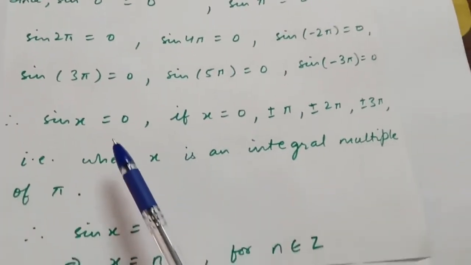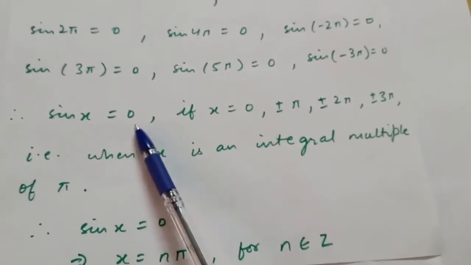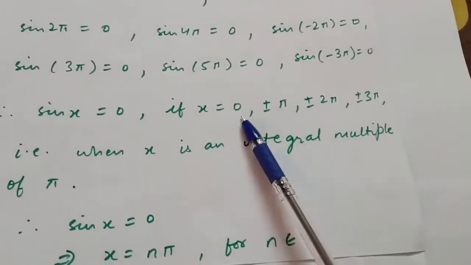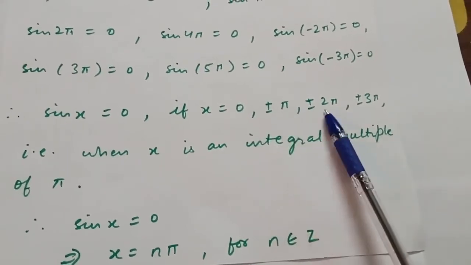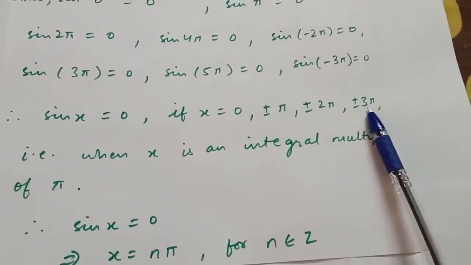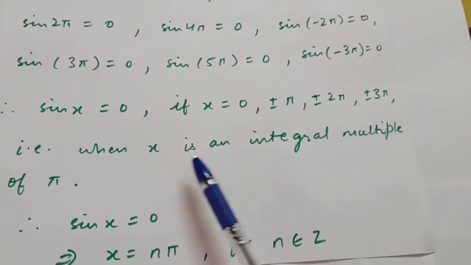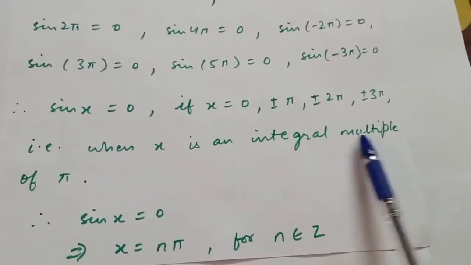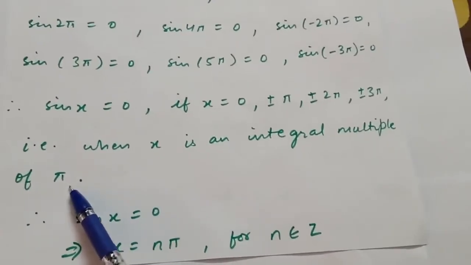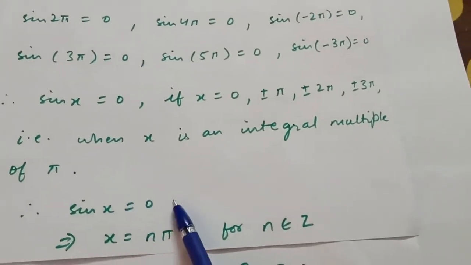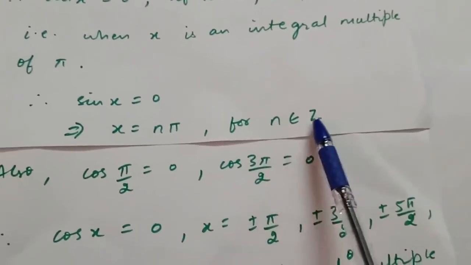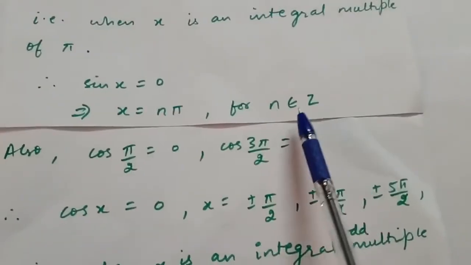So we can say that sine x is 0 if x is 0, plus minus pi, plus minus 2 pi, plus minus 3 pi and so on. So we can say sin x is 0 when x is an integral multiple of pi. Therefore, if sin x is 0, we can say x is equal to n pi for n belongs to integers, right?